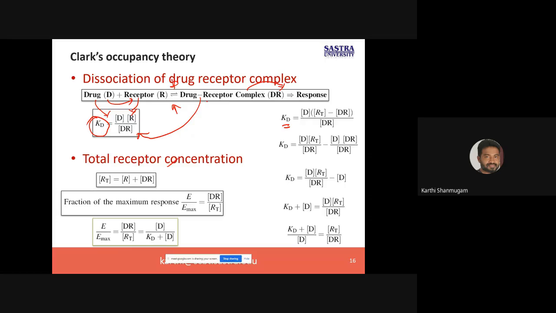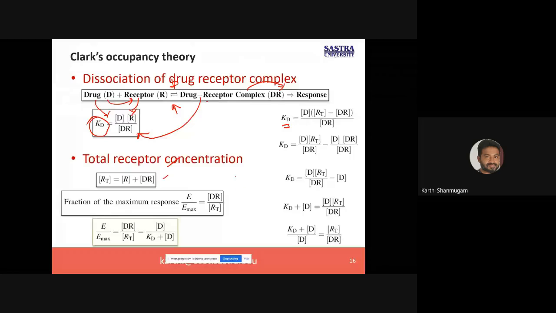The total receptor concentration here is RT, which is equal to the total number of free receptors plus the total number of drug receptor complexes. Is this expression understandable? The total number of receptors is equal to free receptors plus the receptors which are complexed with the drug molecule.